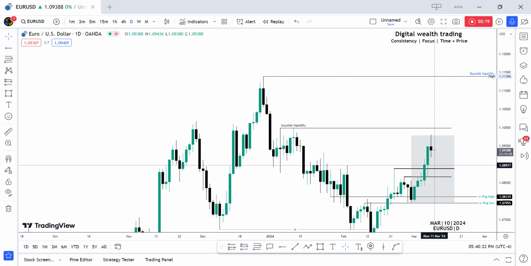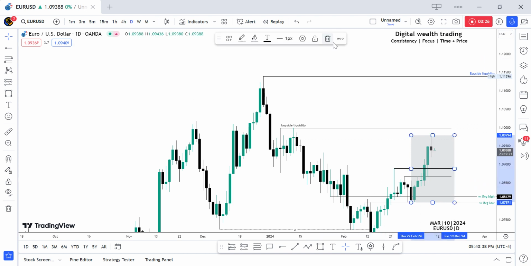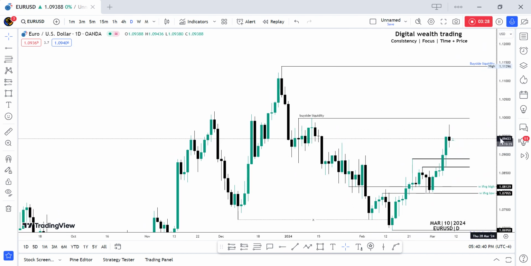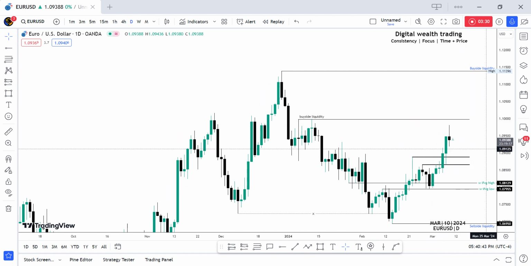So we want to make use of this range in price to come up with the areas in which we want to see the market retrace to. All right, so that is just an insight, and that does not mean that we have to come all the way to this discount price to go higher.